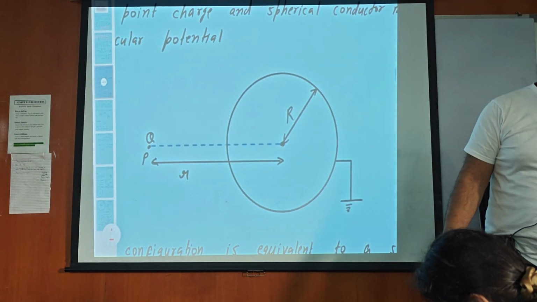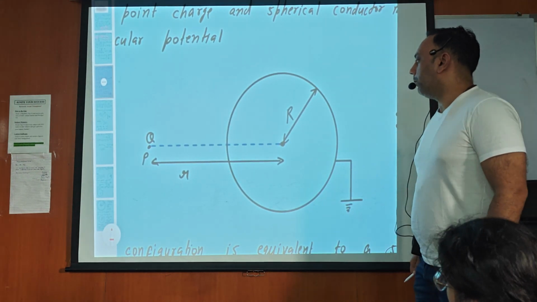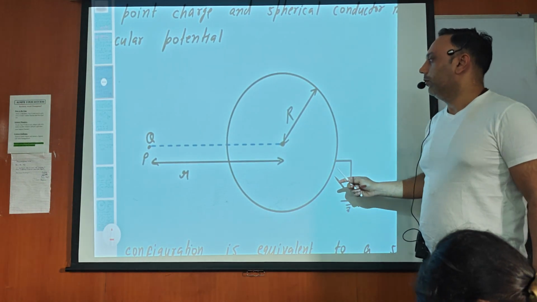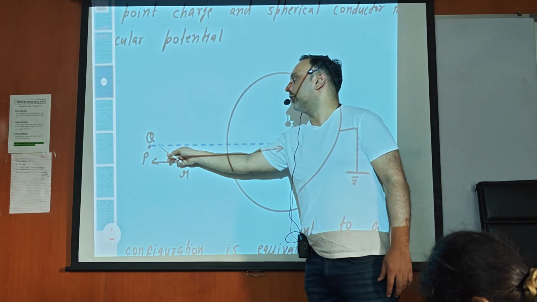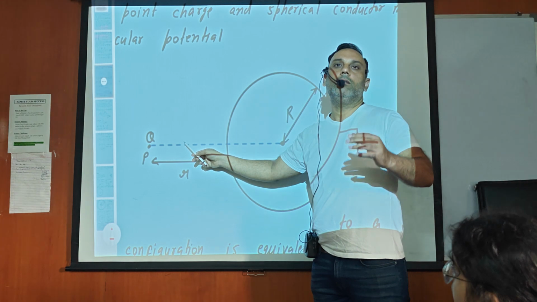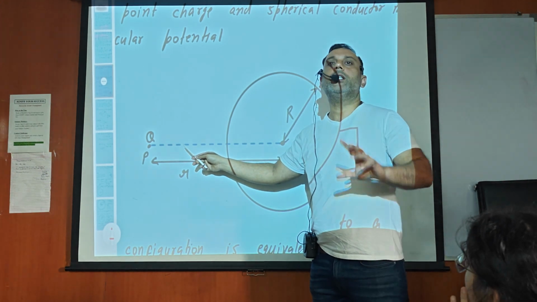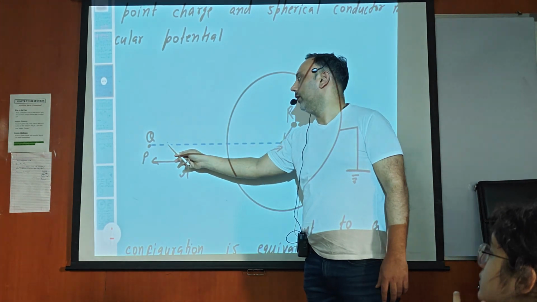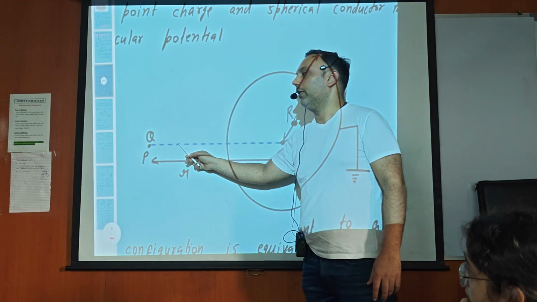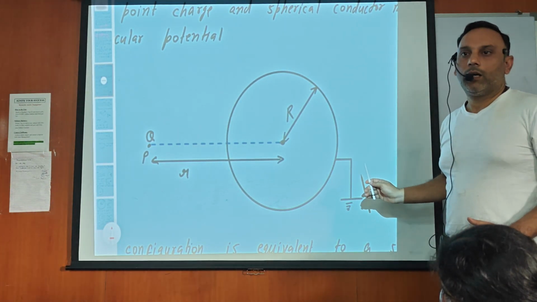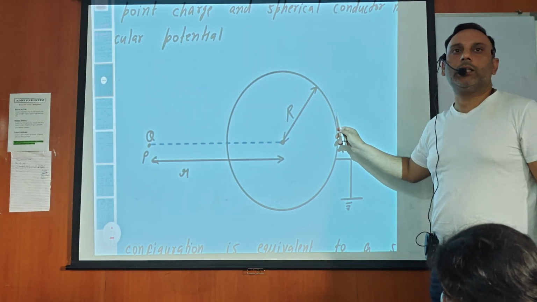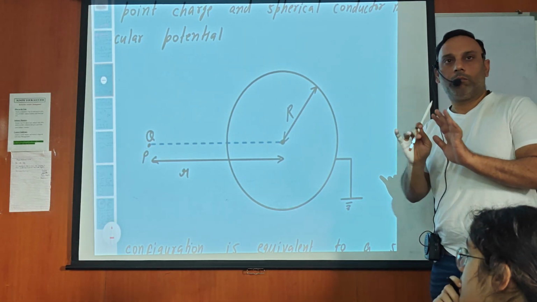Why almost impossible? I will tell you, beta. Suppose I say the conductor is earthed and at any distance x from here, find the potential. This question looks very simple, right? A point charge, a spherical conductor which is earthed, a very simple situation.